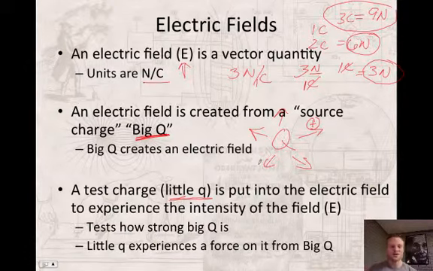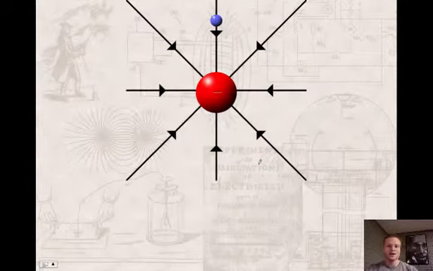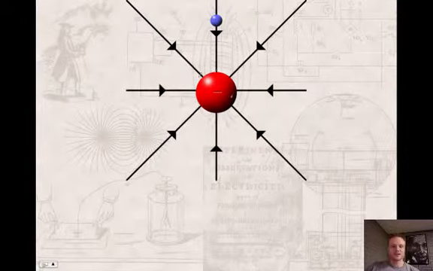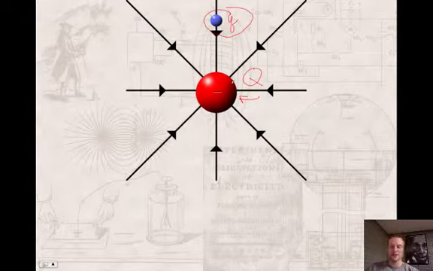The test charge tests the intensity of the electric field of big Q. Here is a picture of a negatively charged particle, and that is big Q right there, making an electric field. And here is little q right here.